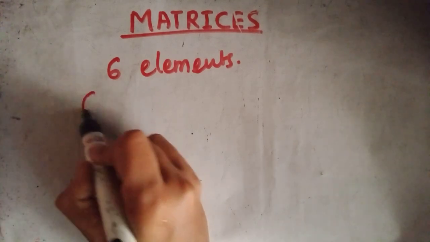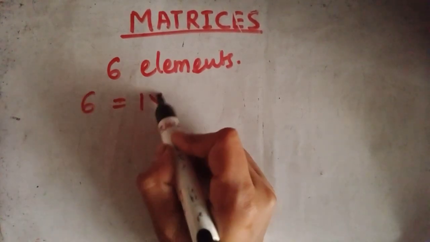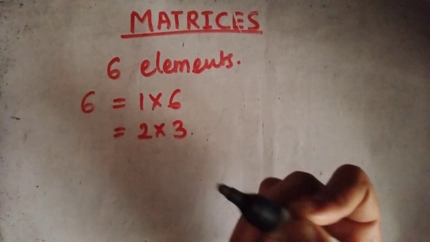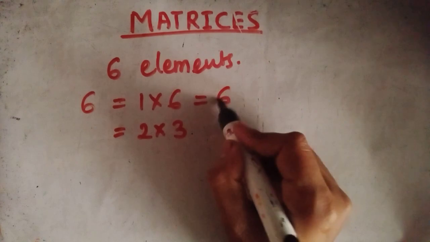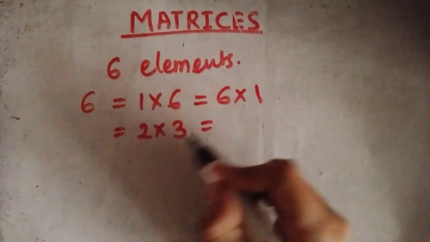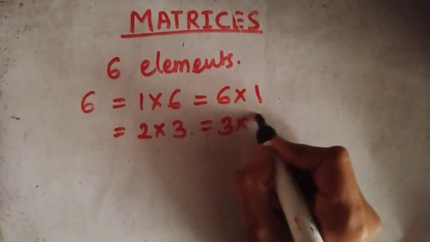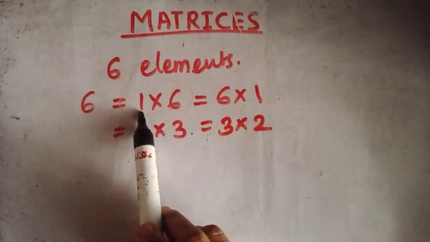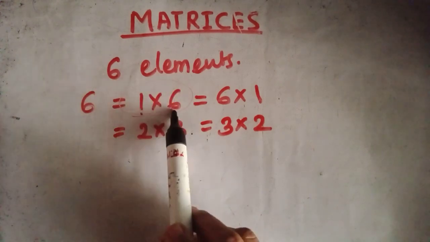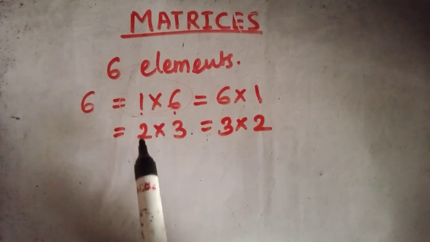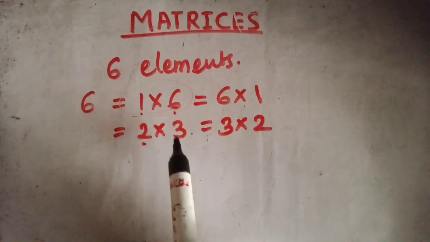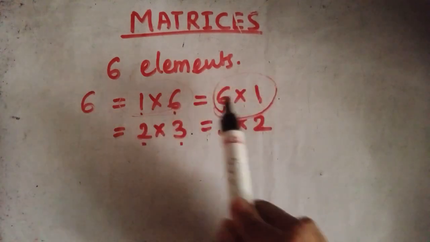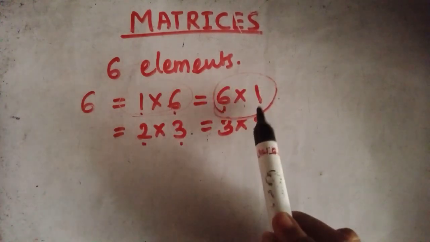So 6 can be written as 1 into 6, 2 into 3, and the other ways are 6 into 1 and 3 into 2. So for the first matrix the rows will be 1 and columns 6. For the second, rows are 2 and columns are 3. For the last, rows are 6 and column is 1.